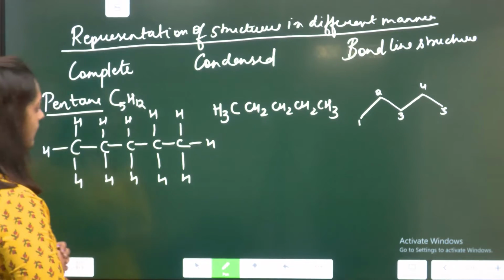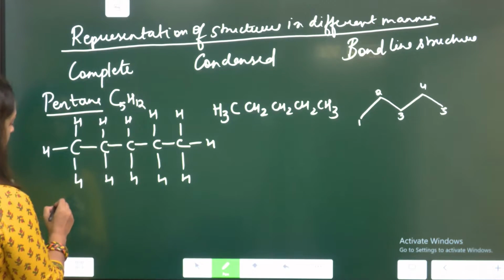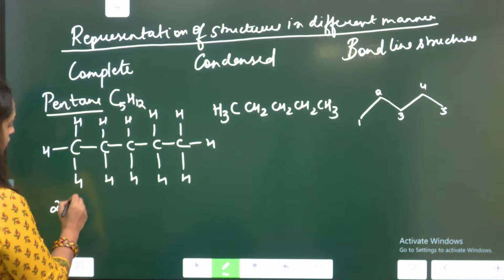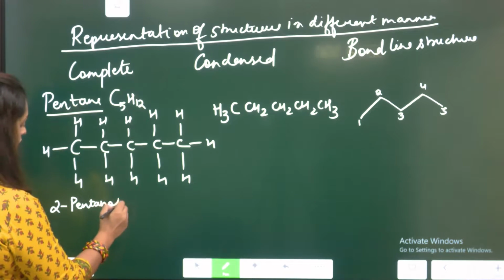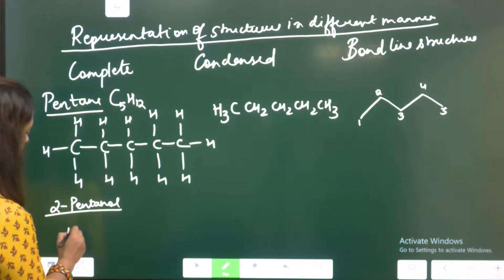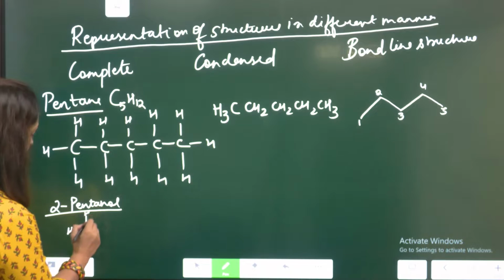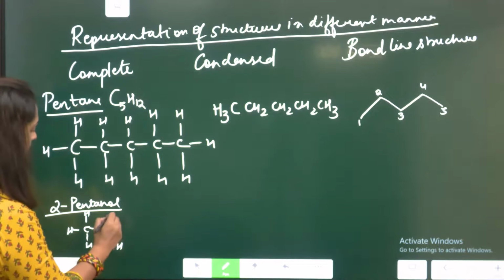So let's say I introduce a variation. Let's say I give you 2-pentanol. When I draw the open structure, at the second position I am going to have an OH group.